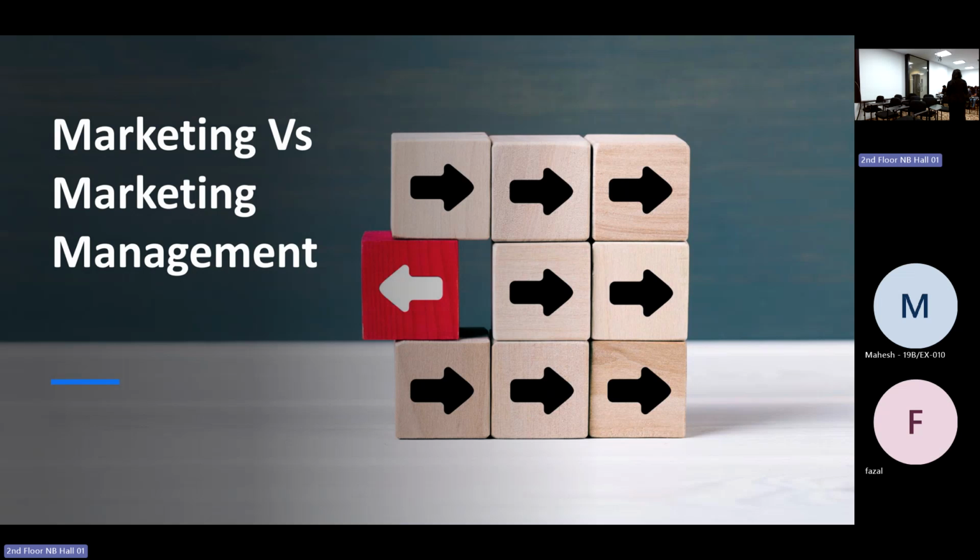Next point: marketing management is the administration part of marketing activities.